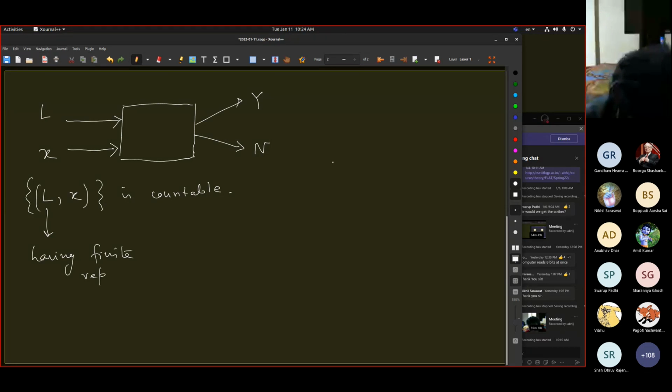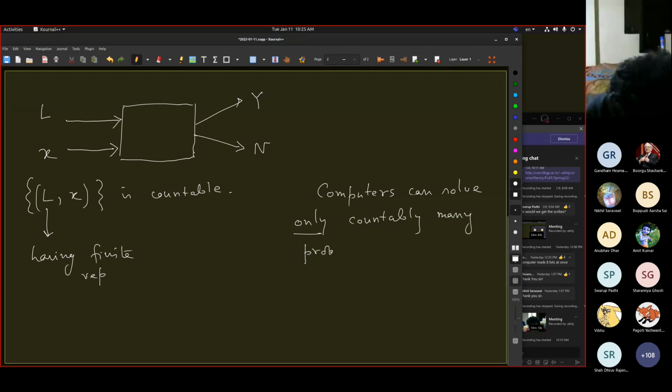Okay, so if I state it in another way, computers can solve only countably many problems. Agree or not?